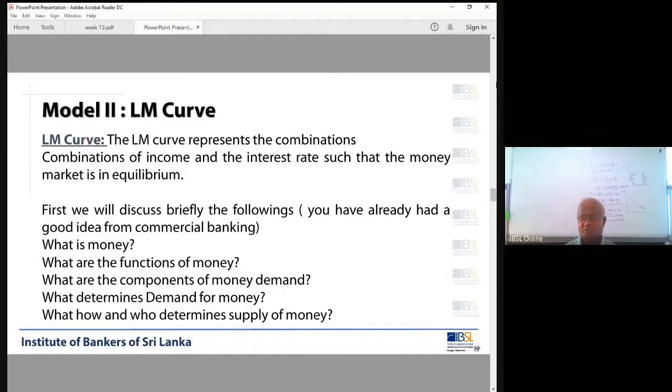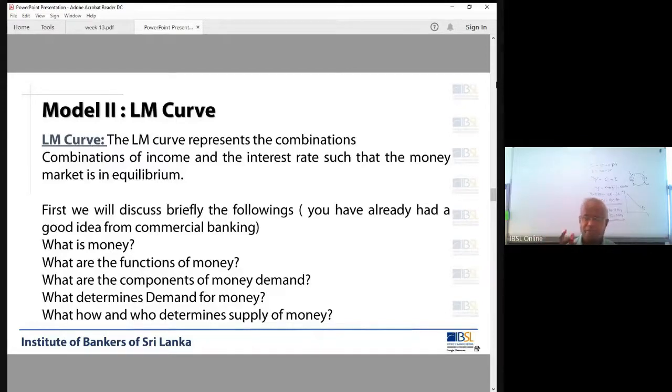Unit of account. The store of wealth. Money can be used as a store of wealth. He said money is anything that is accepted by society.